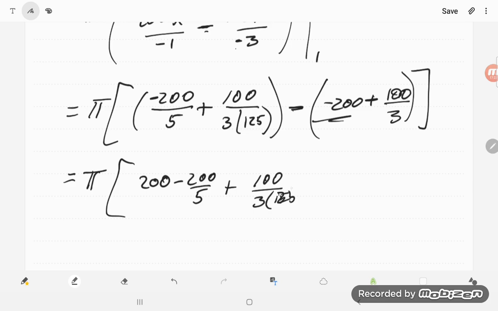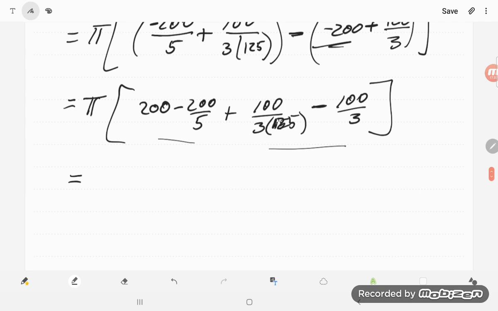Oops, 125. And minus 100 over 3. So I can deal with each of these separately. And I do this just because on the whole, I find students nowadays don't have very good computation skills. So, this is kind of how I do it.